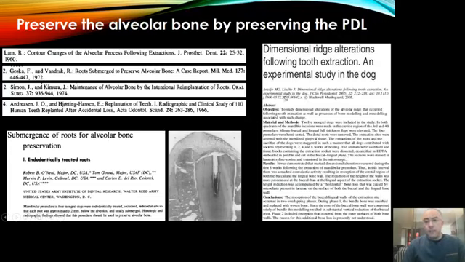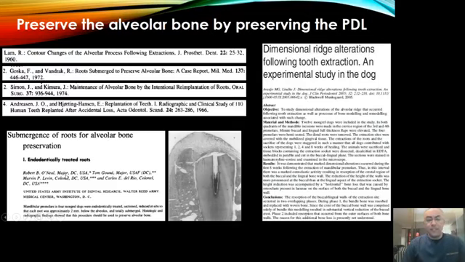The very famous Araújo and Lindhe studies showed how the bundle bone is resorbed after extraction, and how the buccolingual dimension and even the vertical dimension of the socket change. So we've been aware of the changes in the alveolar ridge after losing the intact PDL to the bone itself.